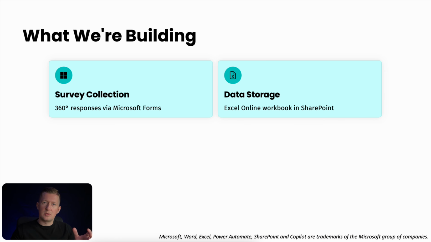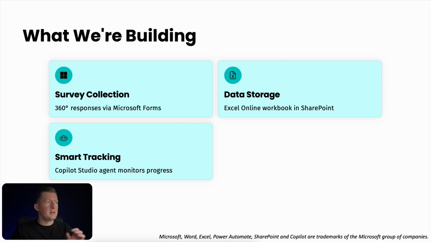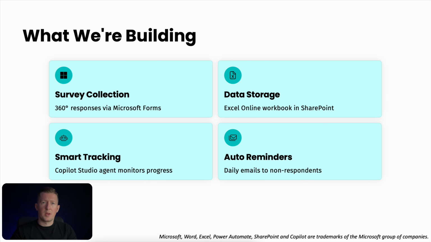Then the data storage in the background of the survey will be an online Excel workbook stored in SharePoint. Then we are tracking it with the help of a Microsoft Copilot Studio agent, and we are sending out auto reminders for the participants about their tasks to do, and also for the owner about the status of the survey.